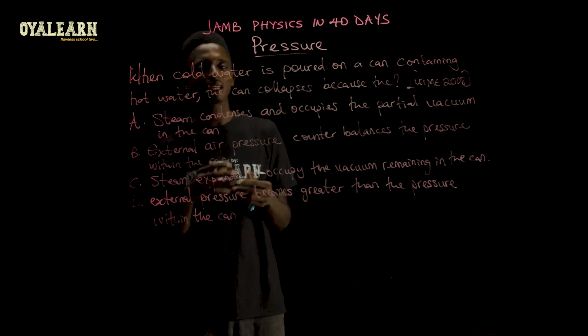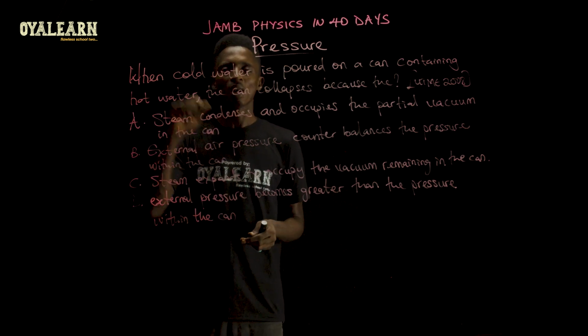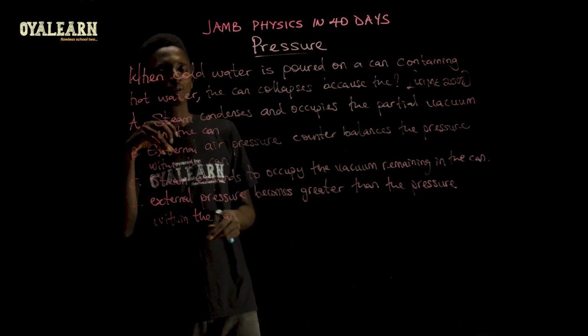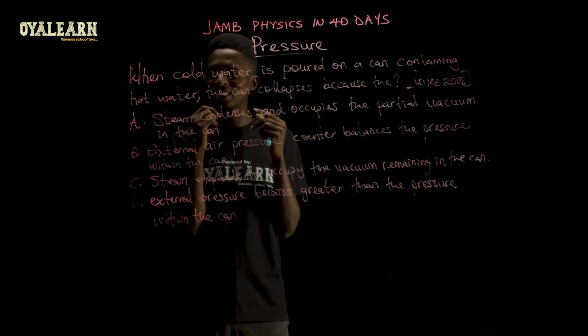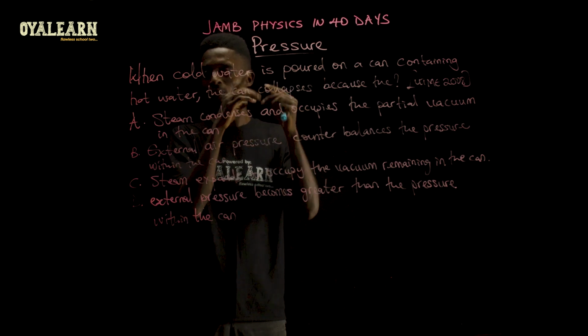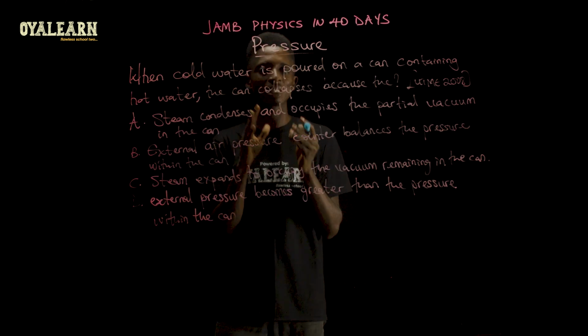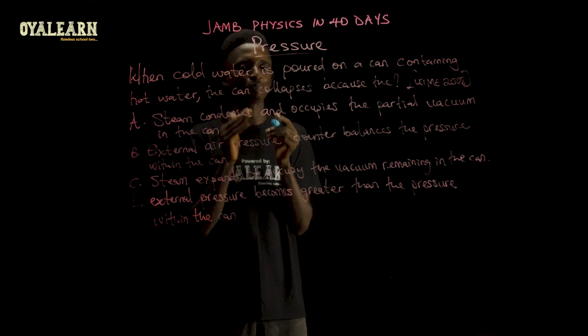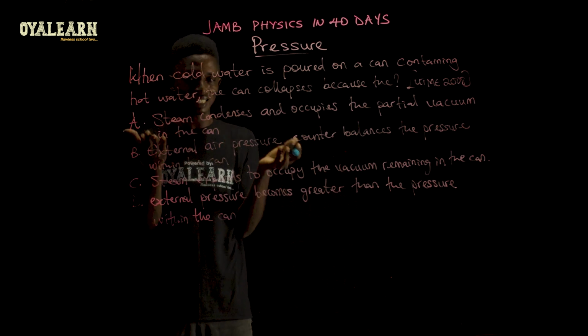Now when you take away the heat and pour cold water onto the can, the cold water will cool down that steam so fast that the temperature will drop very fast. If you look at the relationship between temperature and pressure, they increase and decrease in accord.